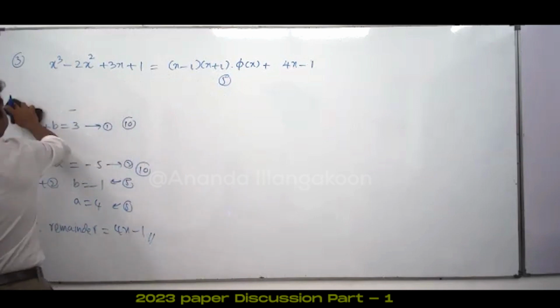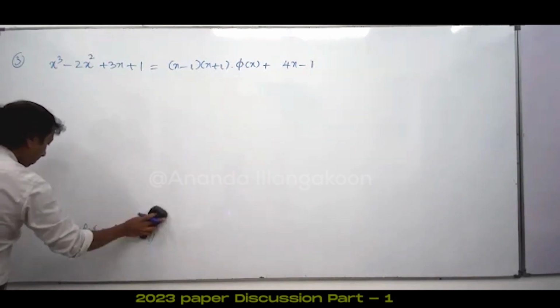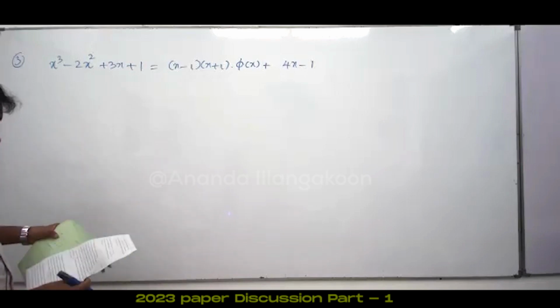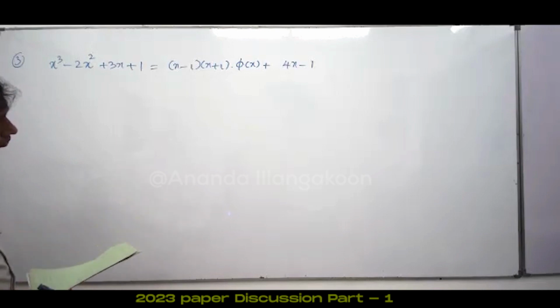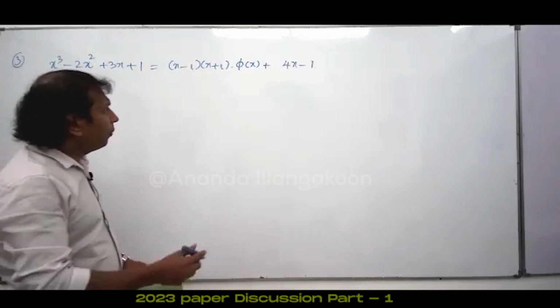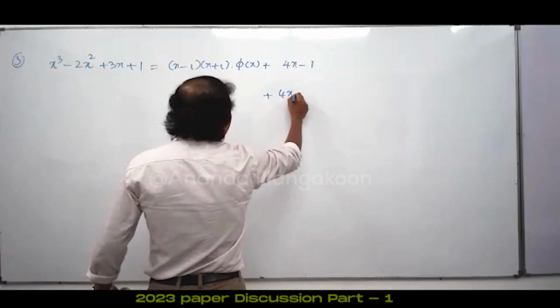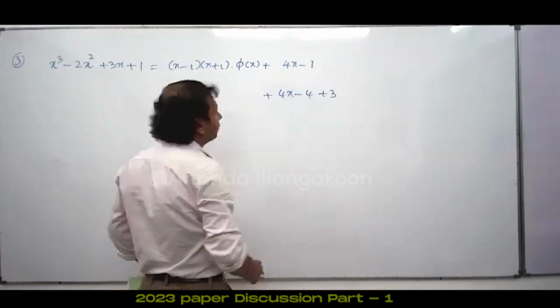Now, I'm going to arrange the right hand side like this. Asking to find the remainder when this is divided by x minus 1. People, now this 4x minus 1 I am going to write like this: 4x minus 4 plus 3. Am I correct?